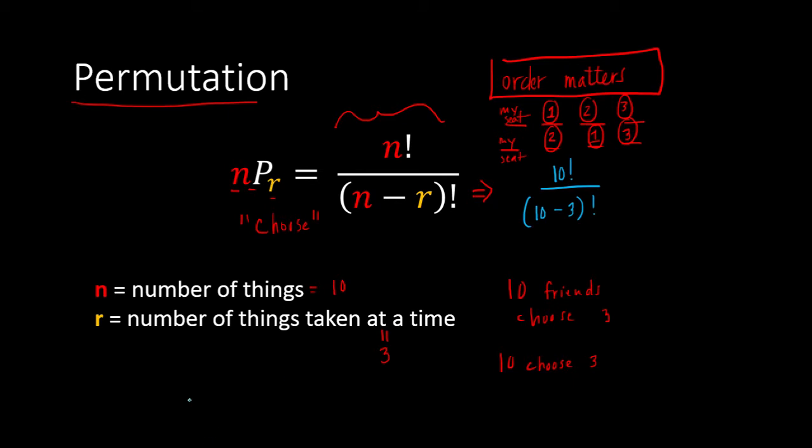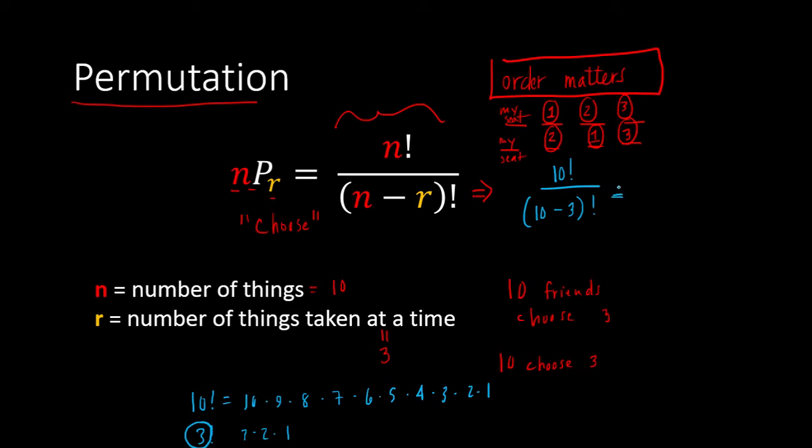So for example, 10 factorial is 10 times 9 times 8 times 7 times 6 times 5 times 4 times 3 times 2 times 1. 3 factorial is 3 times 2 times 1. So it's the product of the number times every natural number below it, right? So we don't include 0. We don't multiply by 0.